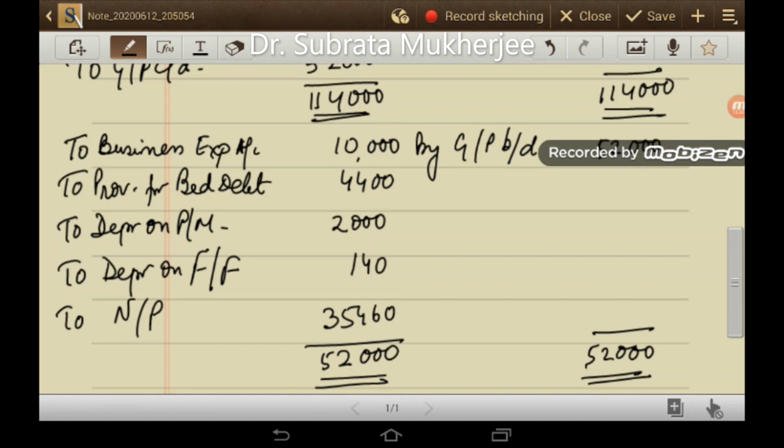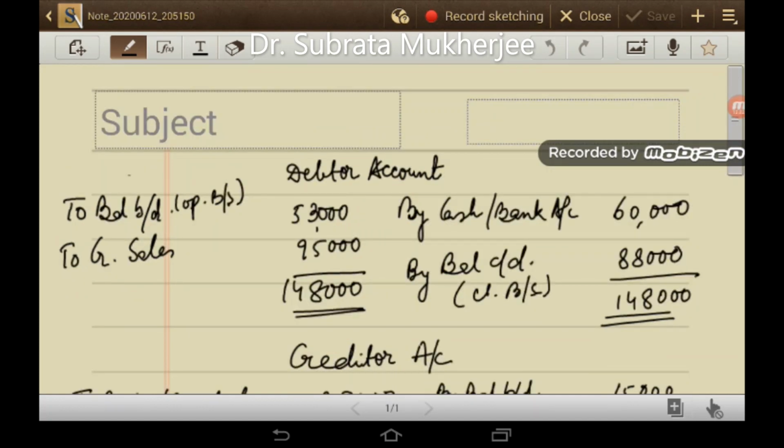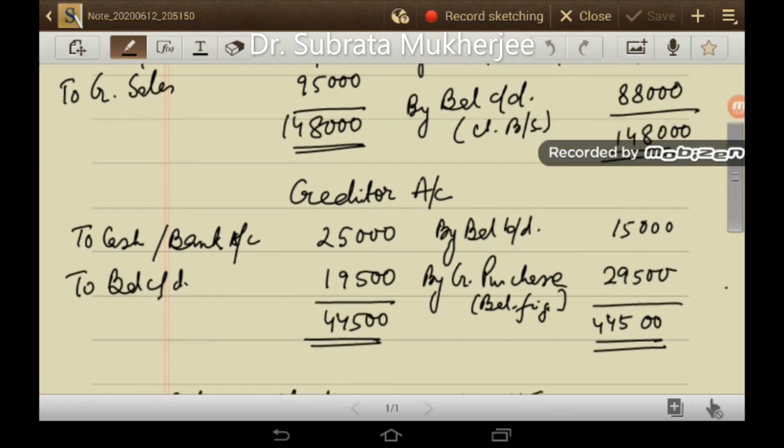So I have already closed the debtor account, creditor account, and now I am closing the final balance sheet.